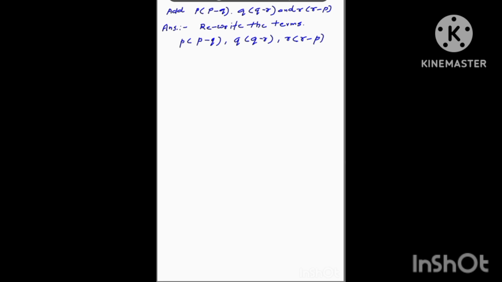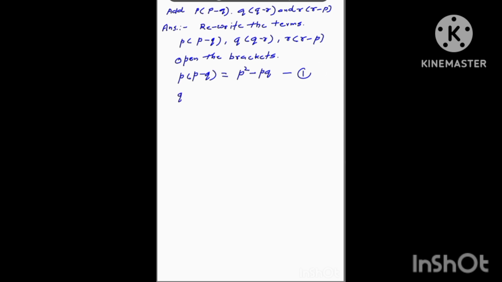See that you don't make a mistake in copying the sign. Okay, plus and minus are very important. Okay, open these brackets, it's very simple. So first is p minus q into p, that is p square minus pq, that is the first one.